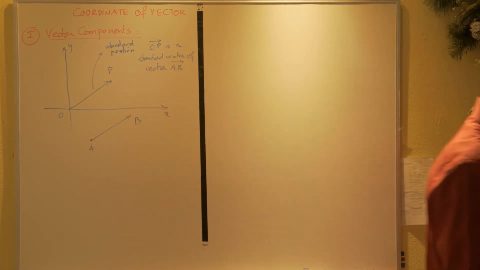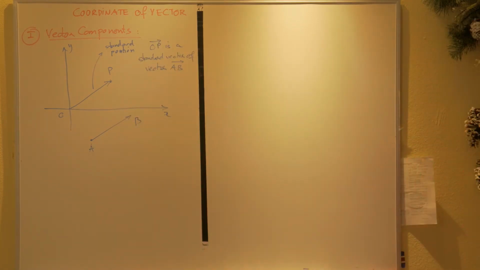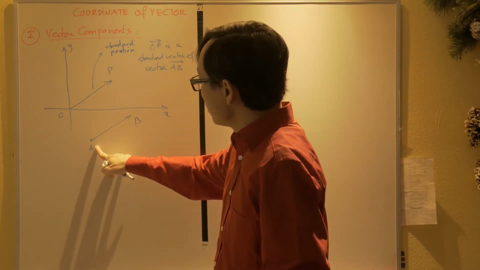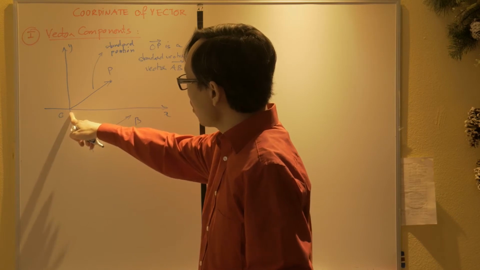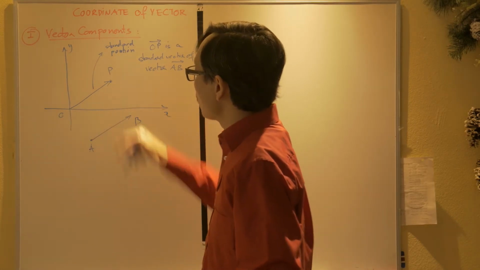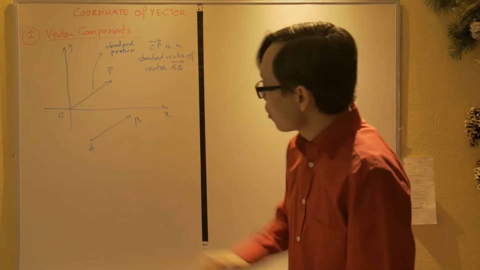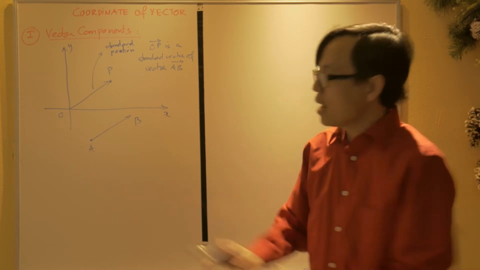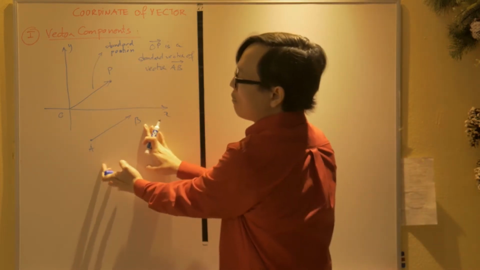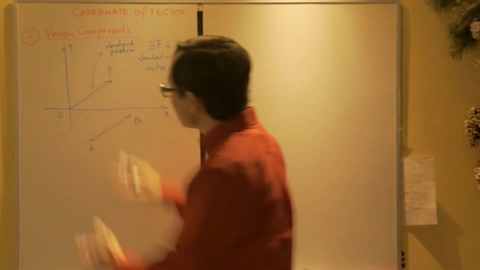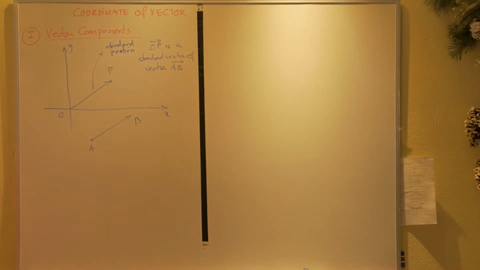So point A is moved to point O, and point B is moved to point P. The coordinate of point B becomes the coordinate of point P, and the coordinate of vector AB becomes the coordinate of vector OP.